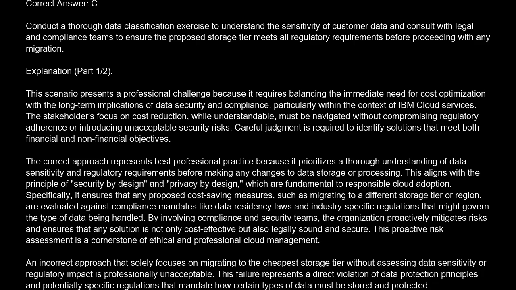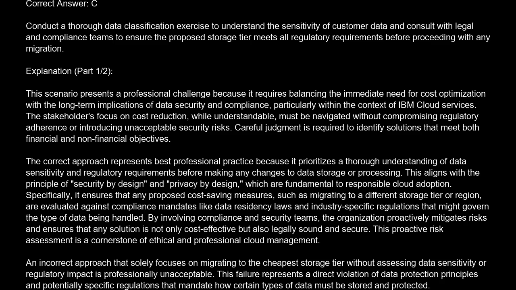Correct answer is C. Conduct a thorough data classification exercise to understand the sensitivity of customer data and consult with legal and compliance teams to ensure the proposed storage tier meets all regulatory requirements before proceeding with any migration. Explanation. This scenario presents a professional challenge because it requires balancing the immediate need for cost optimization with the long-term implications of data security and compliance, particularly within the context of IBM Cloud services.